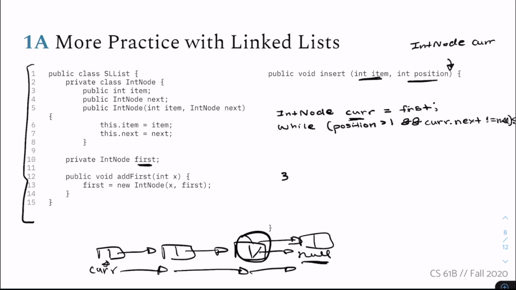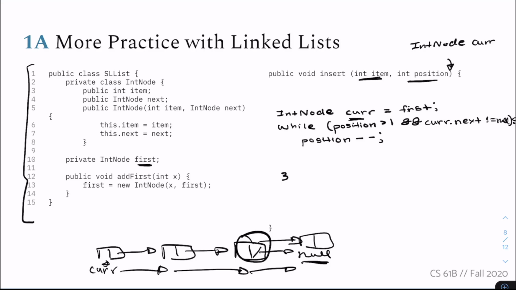Okay. So now let's figure out, what are we going to do inside this loop? Well, the first thing is, each time we go down, right, we're getting closer to our target position. This means that we should go position minus minus. You can also do position minus equals 1, position equals position minus 1.